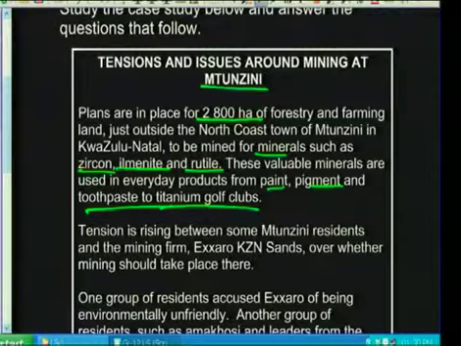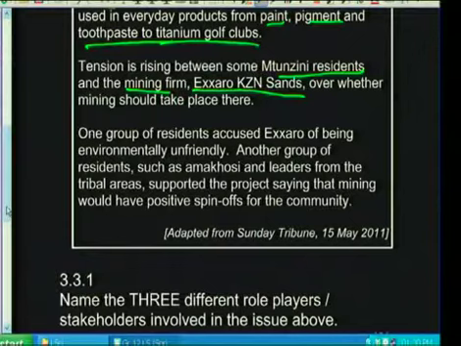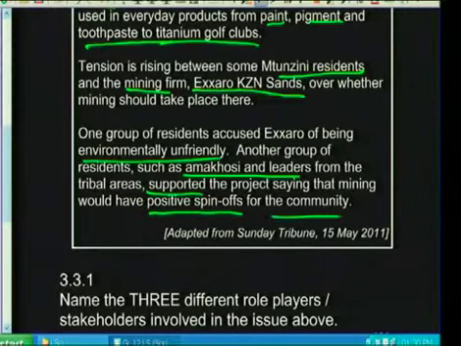Tension is rising between some Mtunzini residents and mining firms Exxaro, KZN Sands over whether mining should take place there. One group of residents accuses Exxaro of being environmentally unfriendly. Another group of residents, such as the Amakosi and leaders from the tribal areas, support the project, saying that mining would have a positive spin-off for the community. This article was adapted from the Sunday Tribune paper 2011.